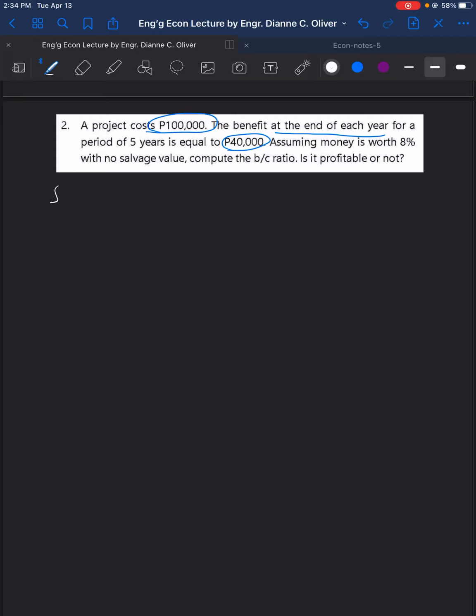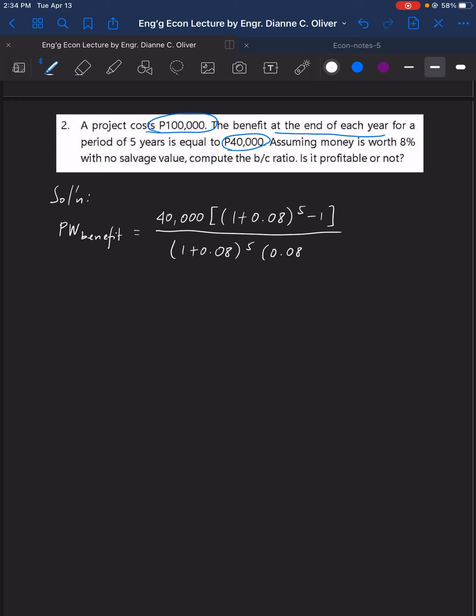So we have the solution here. Present worth of the benefit is equal to 40,000 times 1 plus 0.08, 8%, raised to 5 years, all over 1 plus 0.08 raised to 5 years times 0.08.